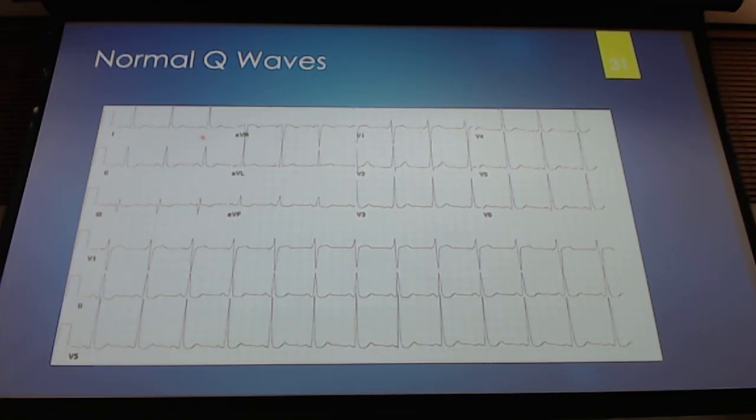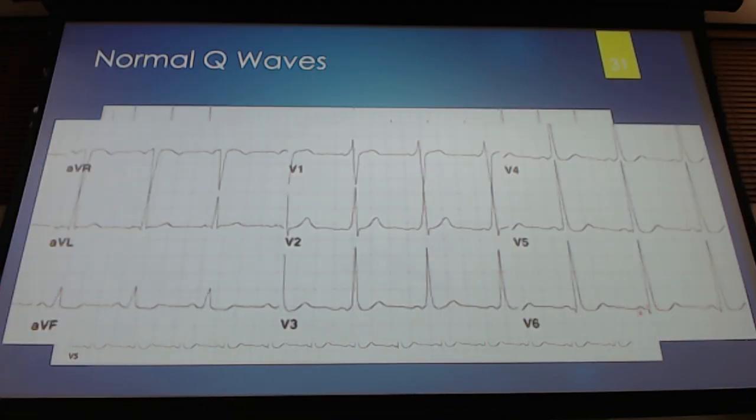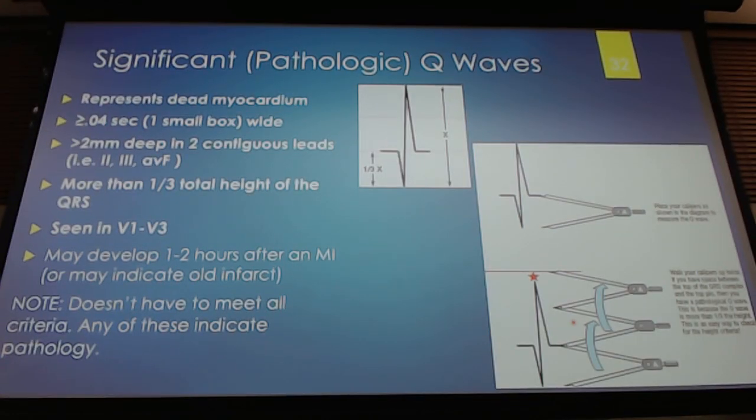But just know that there are times we're going to see these small ones, usually less than 2 small boxes deep and 1 small box wide. There's another picture right here. We've got a little small Q wave right here. Again, use your calipers.